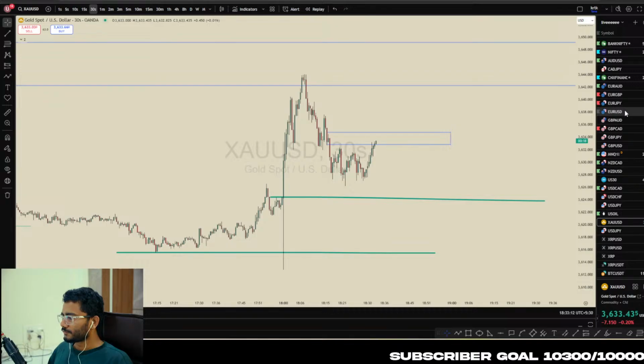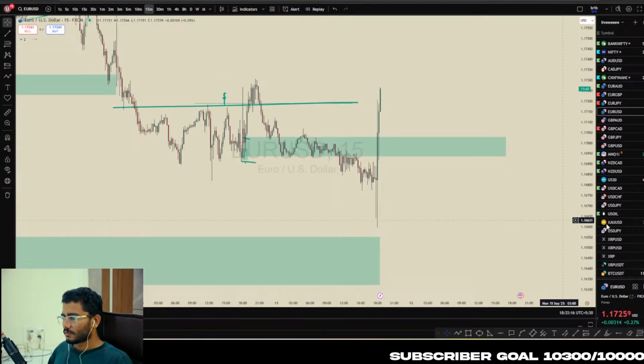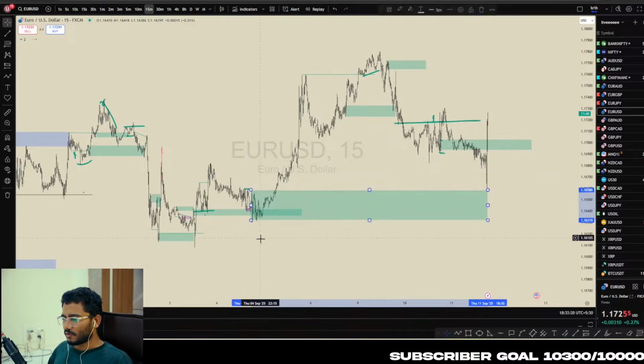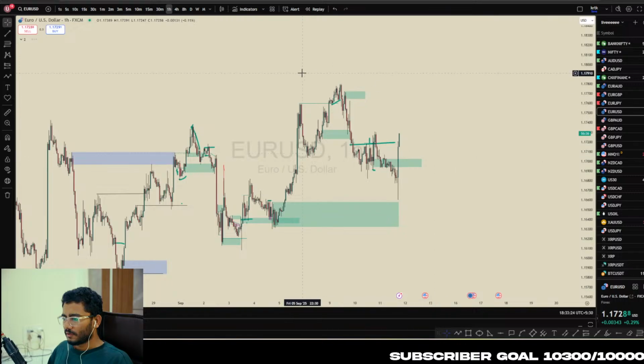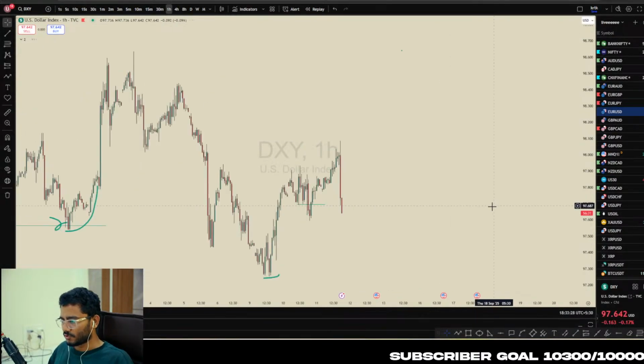Okay, let's see. So this was yesterday's order block. It nearly tapped this, but before checking Euro USD, let's look at DXY. That's most important.